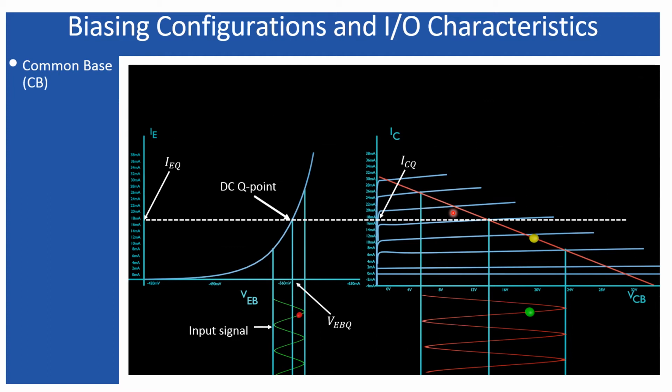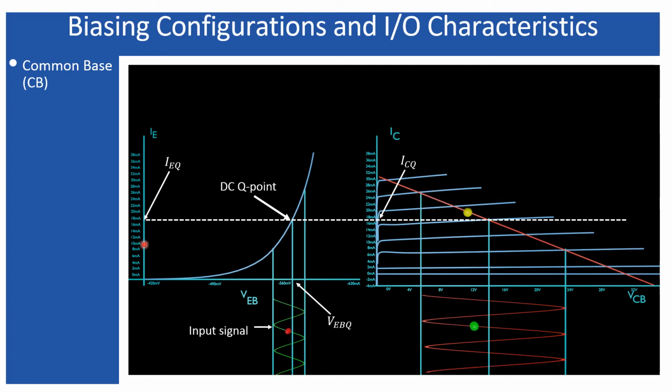Now, the most interesting thing: on the input side, due to the variation of the sinusoidal input, the load line varies because the intersection point on the voltage axis as well as the current axis varies. So the load line varies due to the variation of the input signal. As a result, the Q point also varies around the DC Q point. As a result, the IE or emitter current also varies around the IEQ or the DC emitter current.